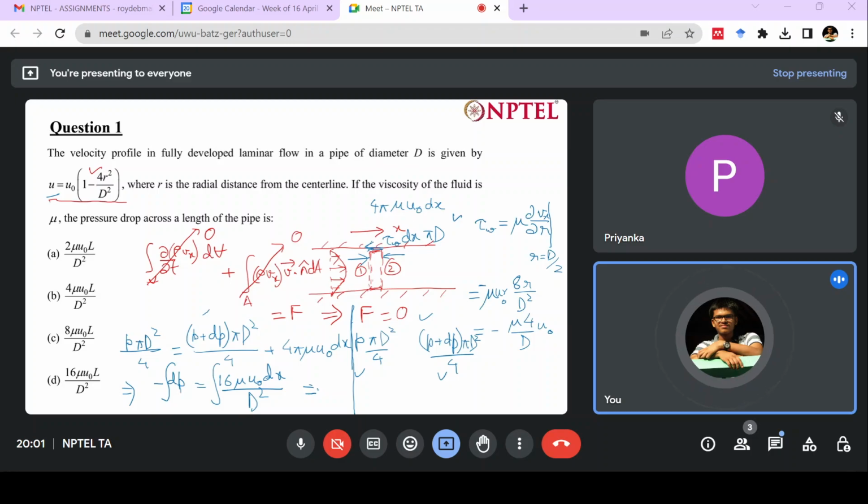So whatever my pressure drop is, delta P, a negative sign is coming because at lower x, the pressure is higher. As the flow progresses, the pressure becomes lower and lower. So minus delta P is equal to 16 mu u0 L by d square. So this option D is our correct option.